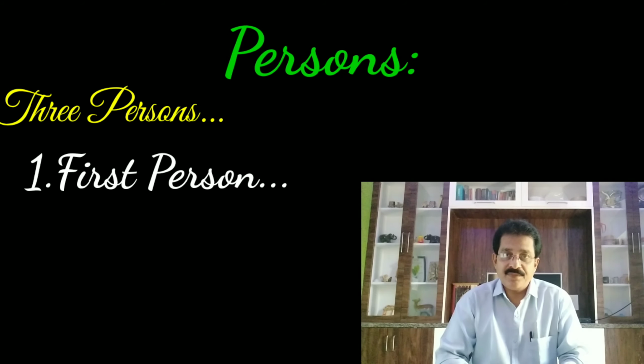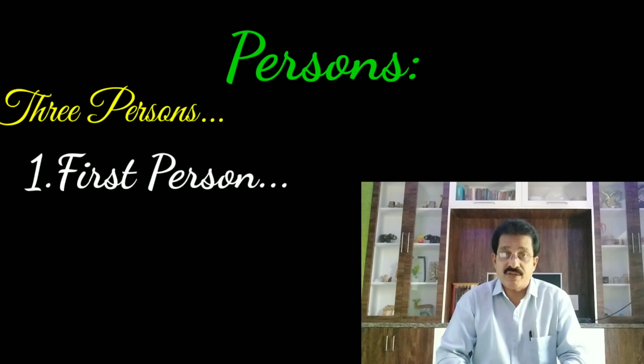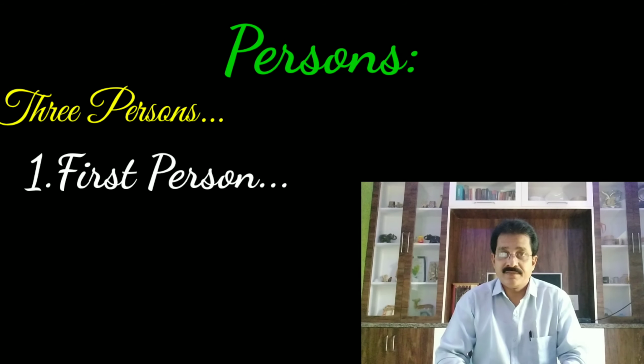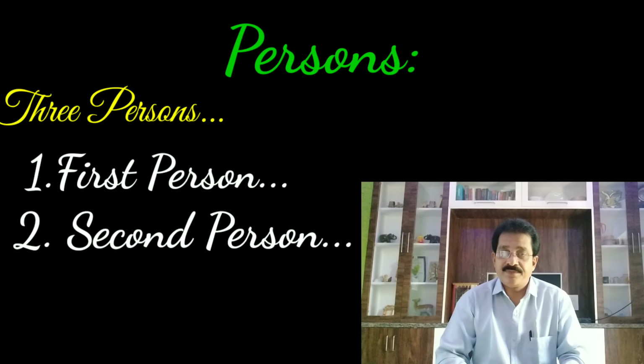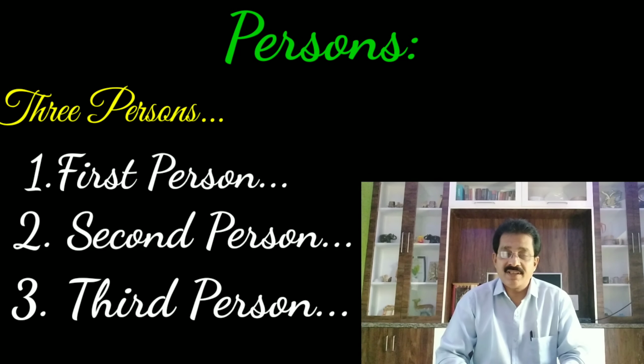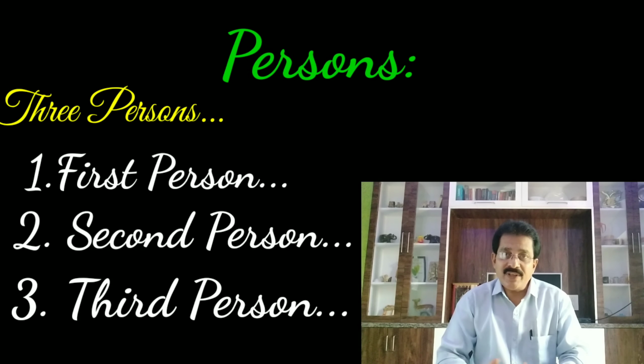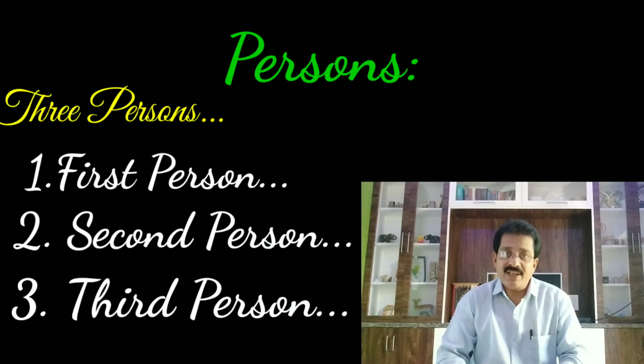First person is a person who talks. Now, second person is a person to whom the first person addresses. And the third person is anyone other than the first person and second person. So all the others come under third person.